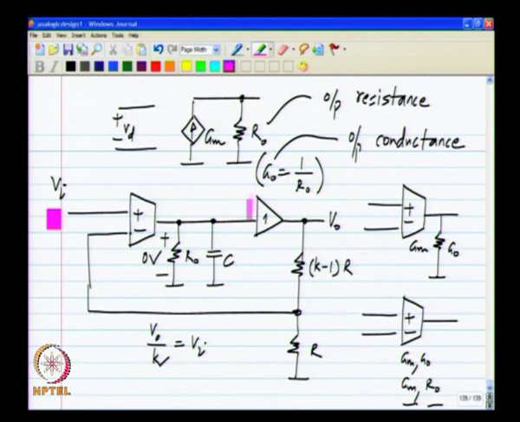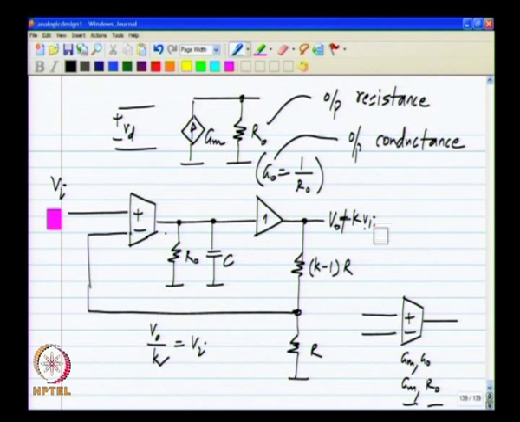But we have a contradiction here. If this is 0 volts, the unity gain buffer will make the output also 0. So, there is a problem: the output cannot be at k times Vi. What should happen is that V naught will be at some voltage which is not k times Vi, and V naught by k will not be equal to Vi.